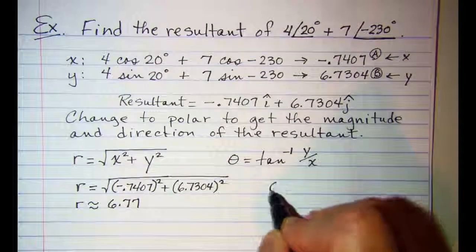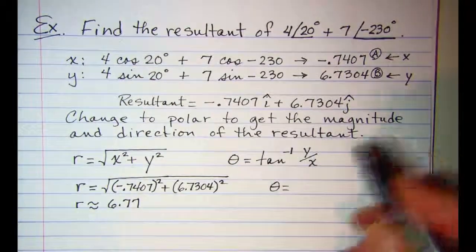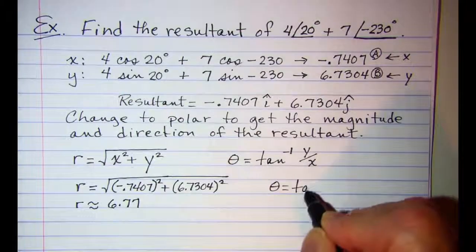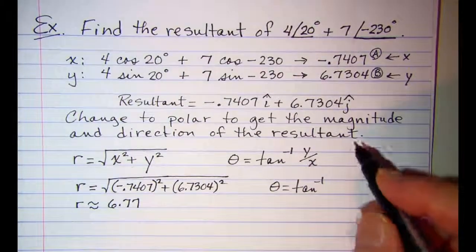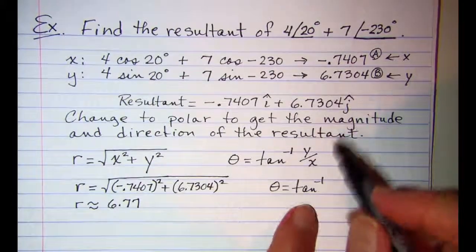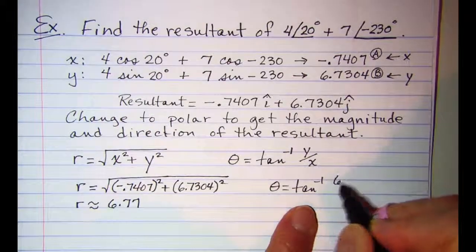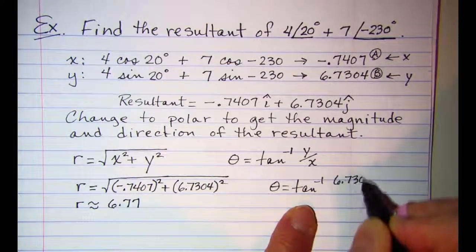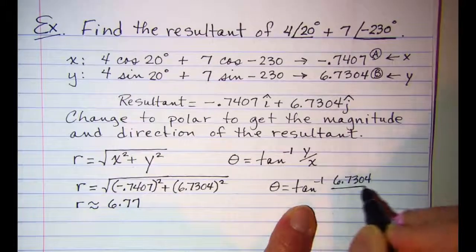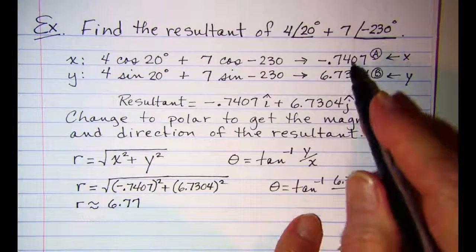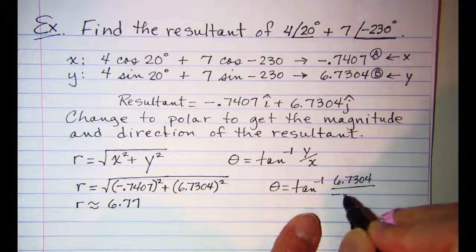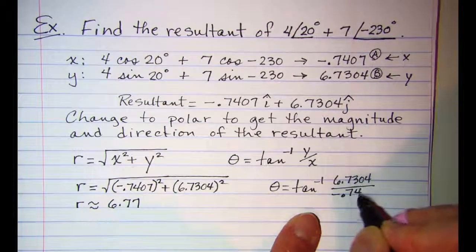My direction will be inverse tangent of y, which is 6.7304, divided by the x, which is a negative 0.7407.